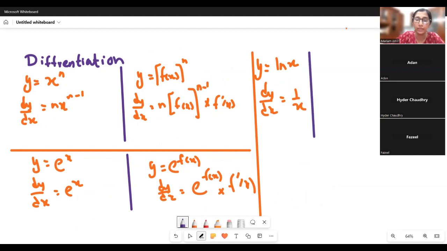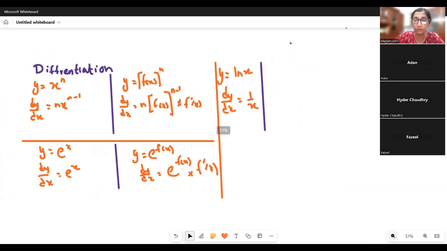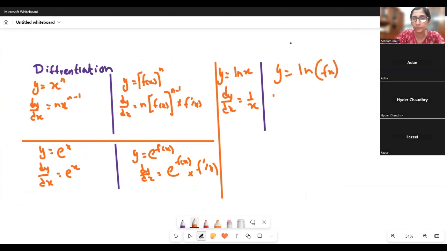However, if instead of x, we're given a function in terms of x, y equals ln f(x), then the derivative is 1 upon f(x) times f prime x, the derivative. That was the second case.